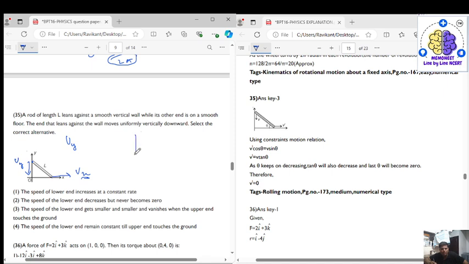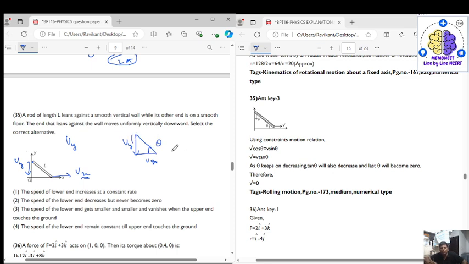So this is Vy, this is Vx, and at that instant this angle is equal to theta. Now as this moves forward and this moves downward, this theta changes, right?